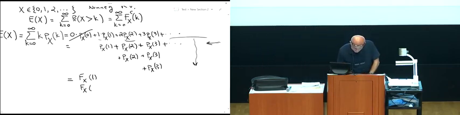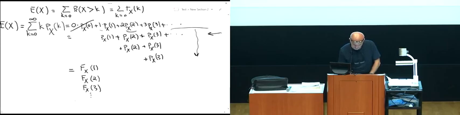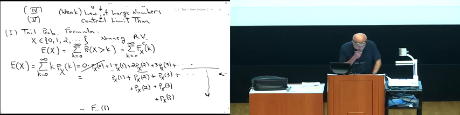The second one is F x at 2, 3. Well, that's the result I wanted. This is simply the sum of k equals 1 to infinity F x complement k. Well, this is 0. No, wait a minute. What am I missing here?